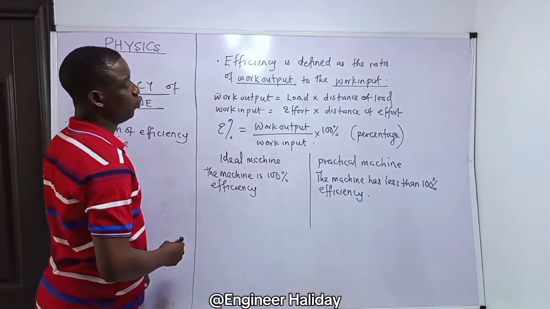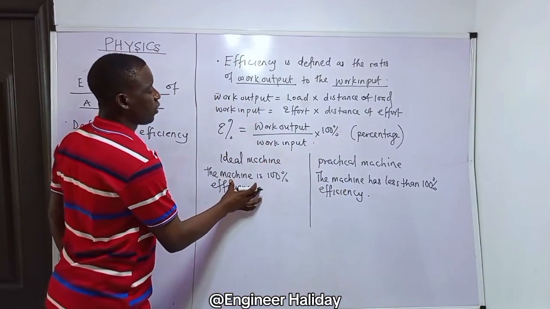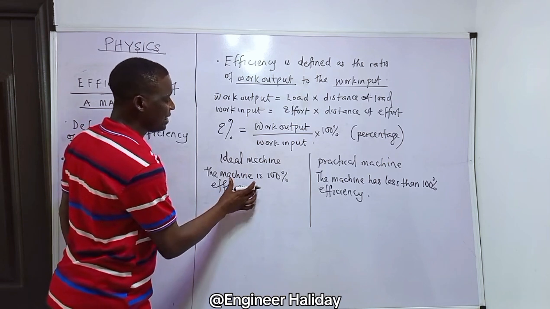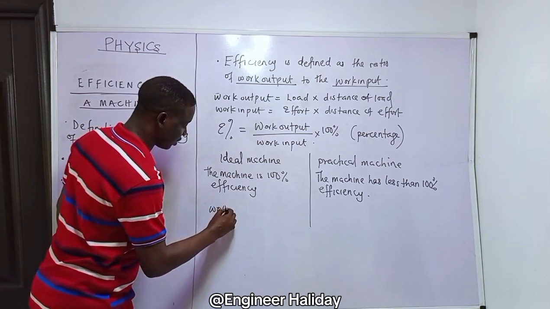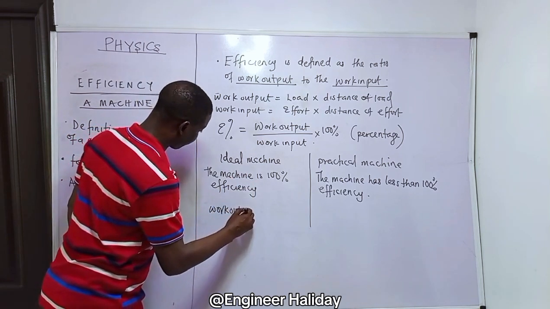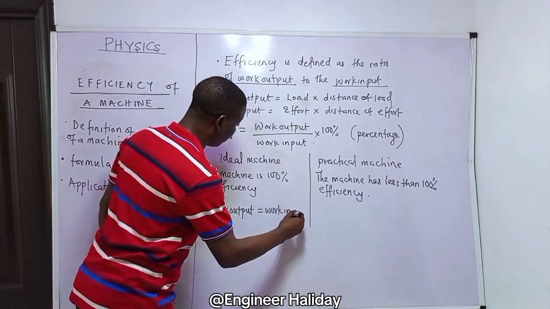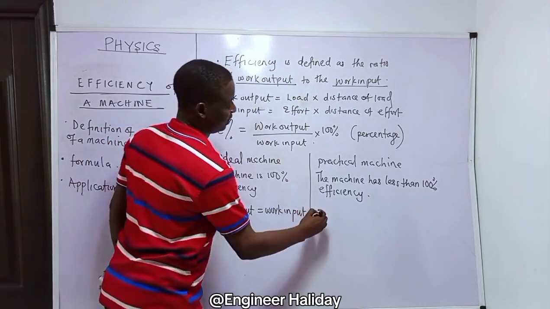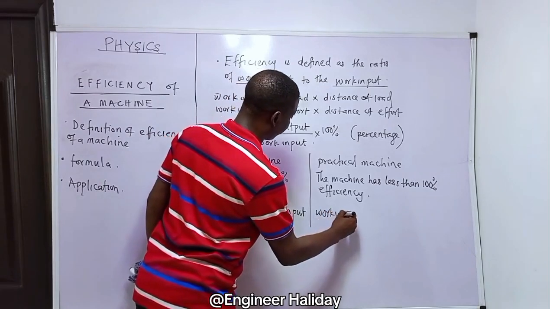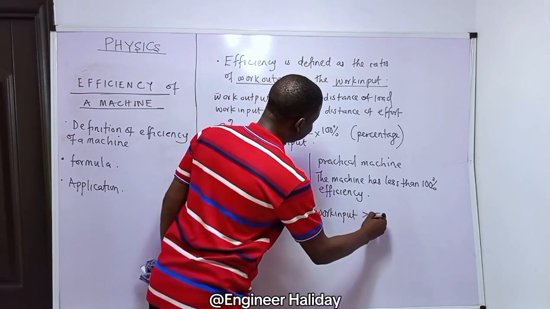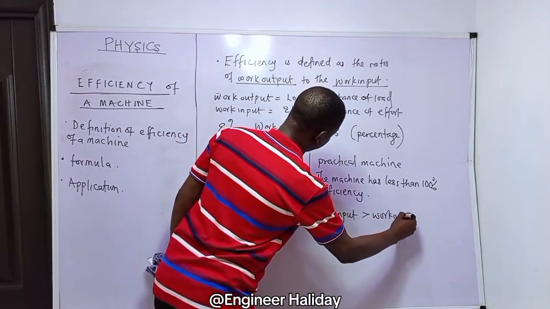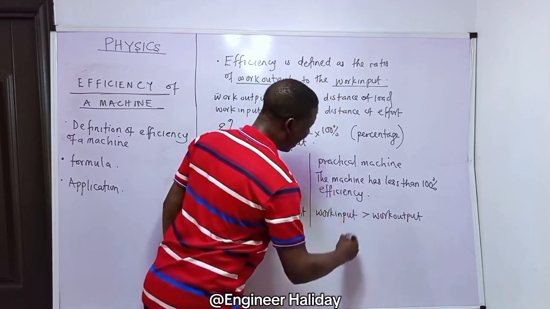Another thing you must note is that for us to have efficiency of 100%, it means that in this ideal machine, the work output is balanced by the work input. But in this case, the work input is greater than work output. So where is the remaining value?